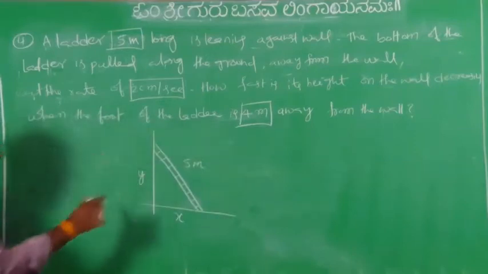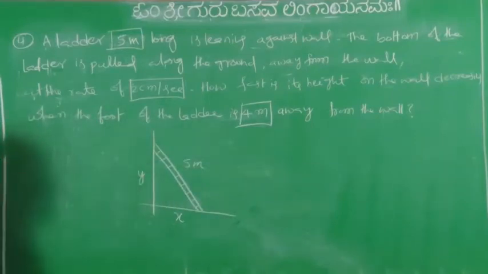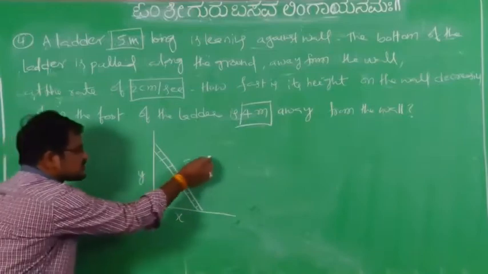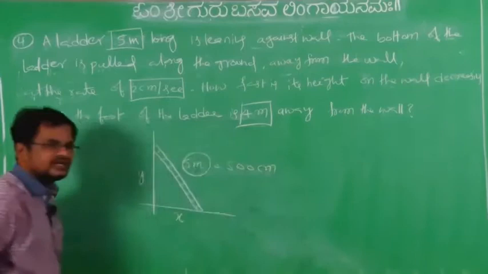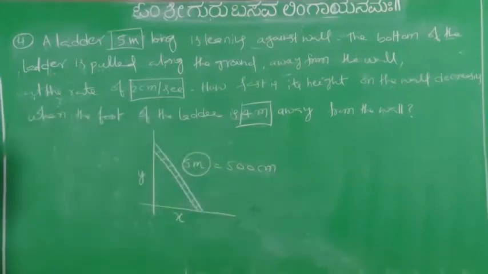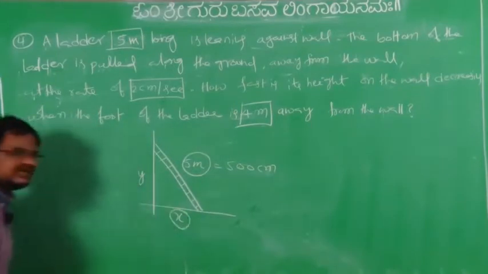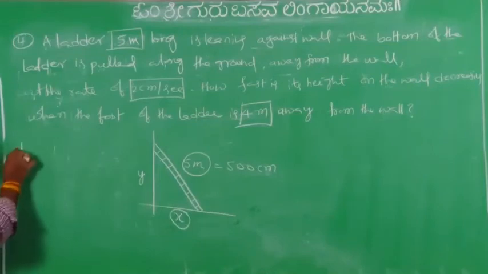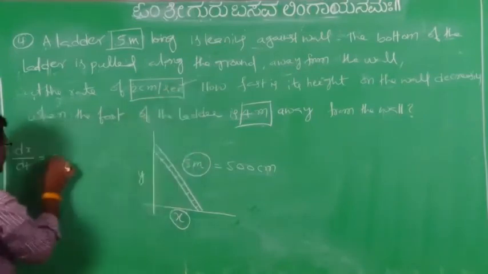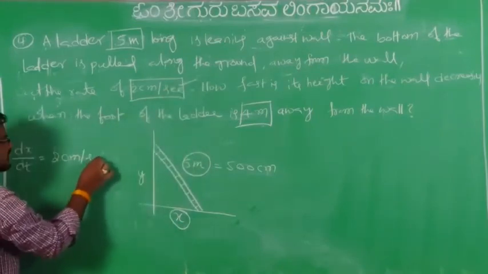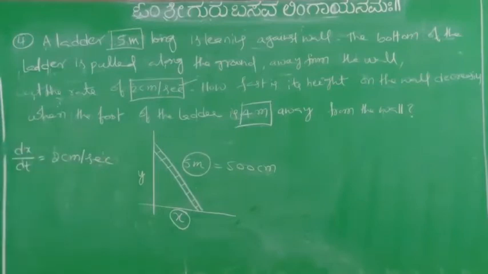means what they given, what we have to find, identify. So ladder is 5 meters, that is equal to 500 centimeters, better you take, right? Next dx by dt given, no? dx by dt equal to 2 centimeter per second, with respect to time it is increasing.